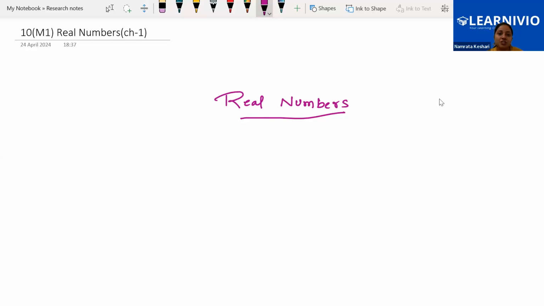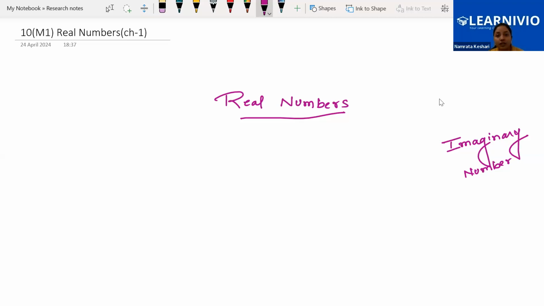So why specify the name real number? Is there any number which is not real? Yes, there is. When you go to a higher class, you will get to know that there are numbers which are not real, and we call them imaginary numbers. That's why here we are specifying that we are talking about real numbers.